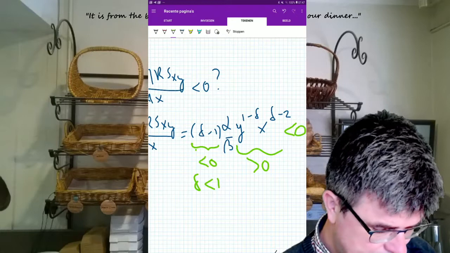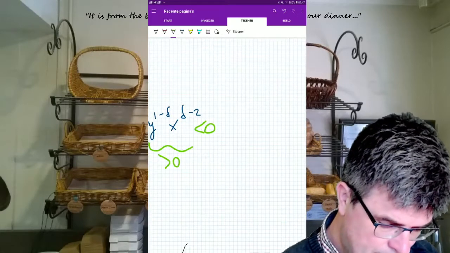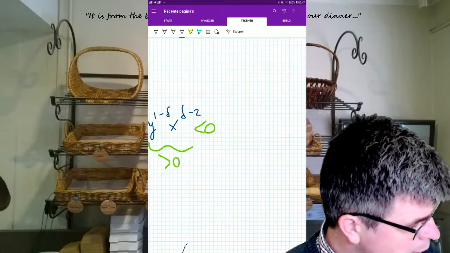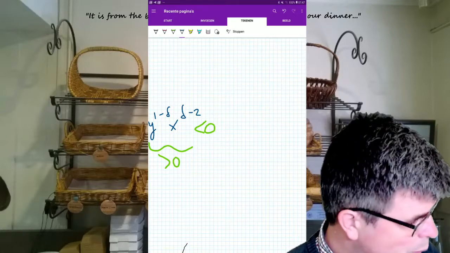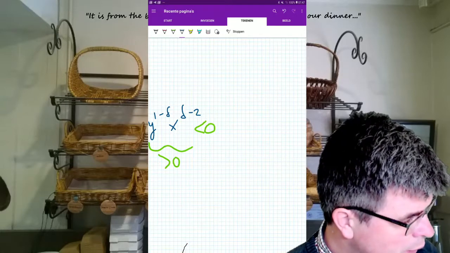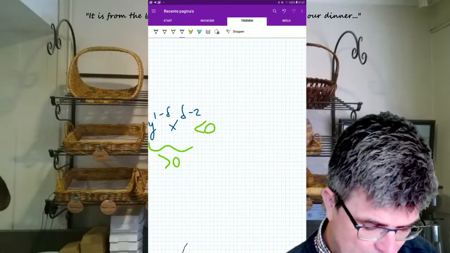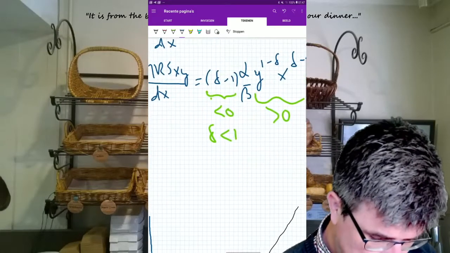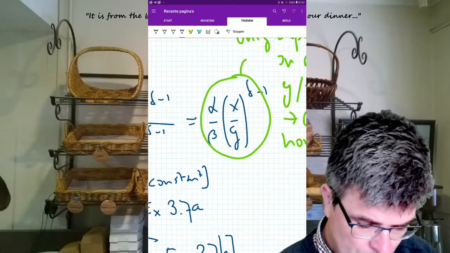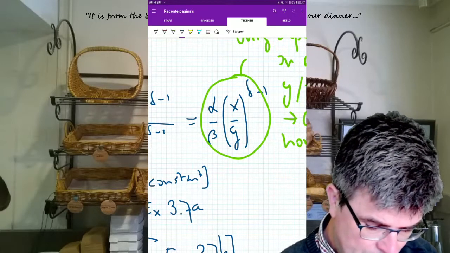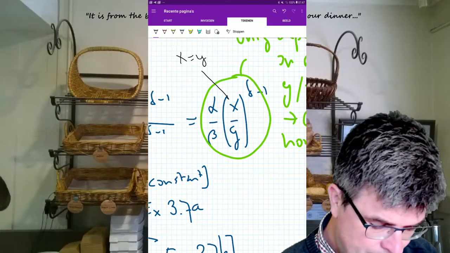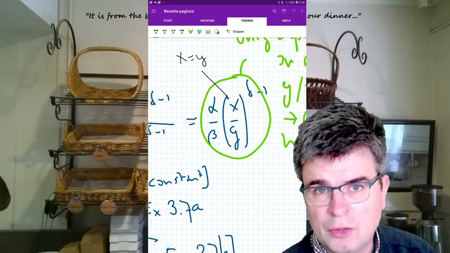That is exercise C. Then in D, we need to show another property, that if x is equal to y, the marginal rate of this function depends only on the relative sizes of alpha and beta. Now, that is really easy to see, because if we take the marginal rate of substitution and we have that x is equal to y, then this entire term, x over y, becomes 1.